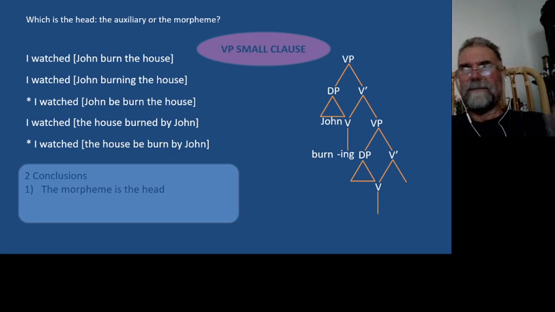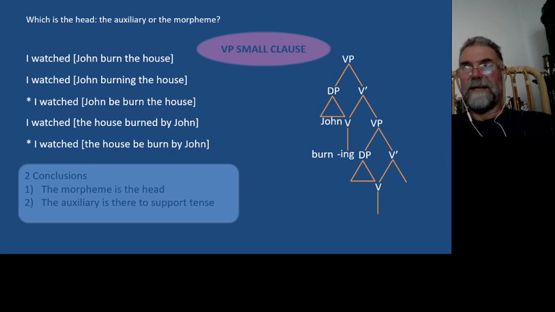Now that would seem to suggest that it's something to do with the inflection that is causing the appearance of this auxiliary verb. And essentially what we could say is that, well, it's something to do with the fact that the tense inflection needs to be supported by something. So therefore, we can assume that this auxiliary verb is inserted into the structure precisely to support the tense morpheme.